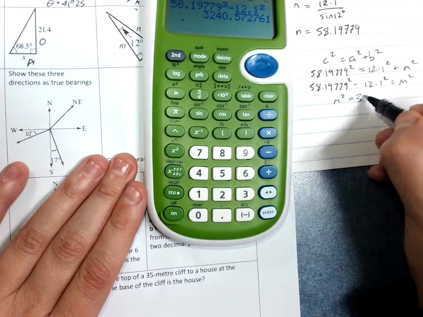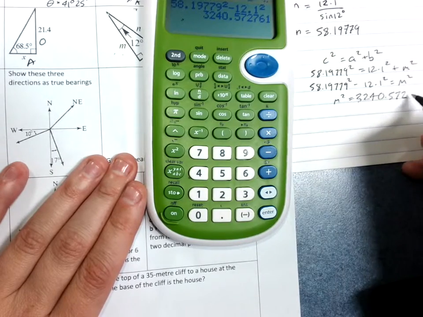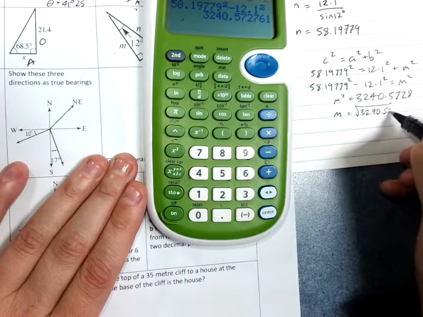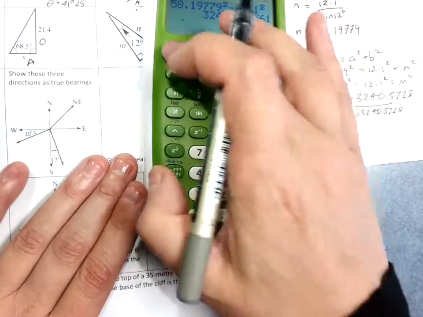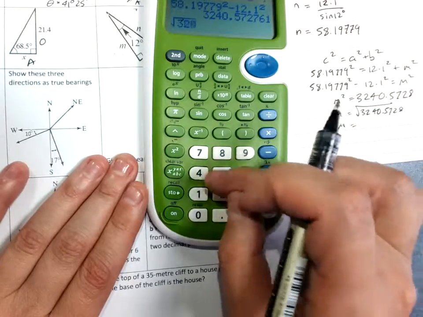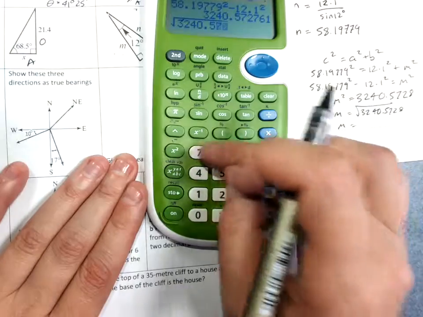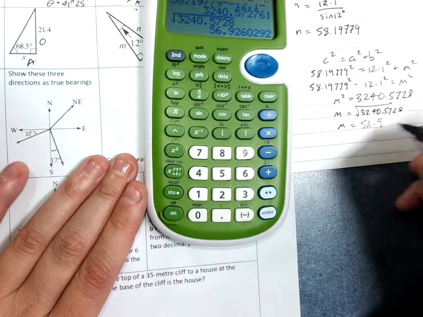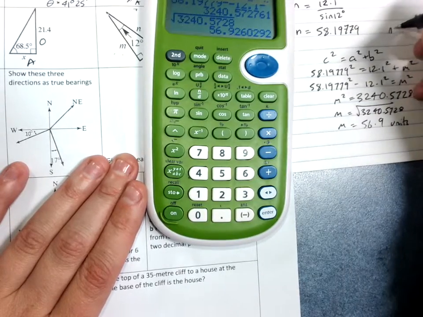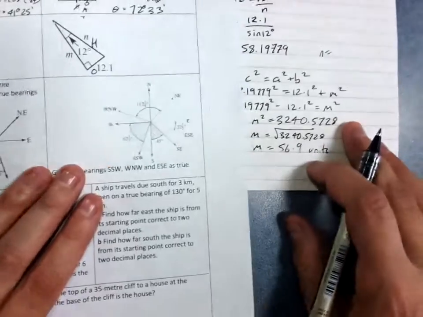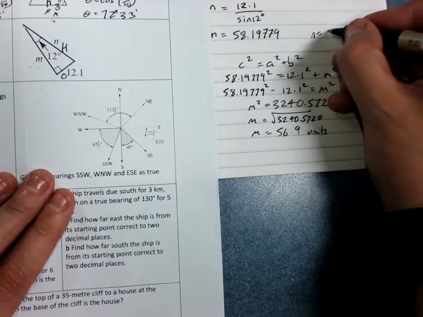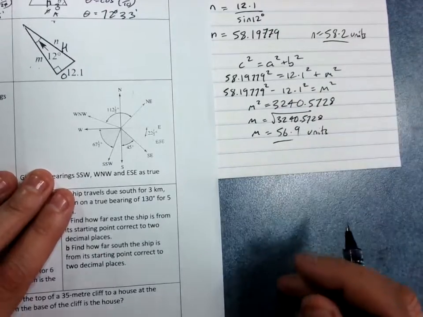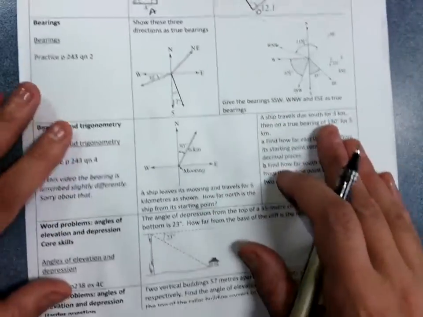M squared is... okay, so I've given m and I'll give n is 58.2 units as well, because I'm giving them both to one decimal place. Going back to our questions here.